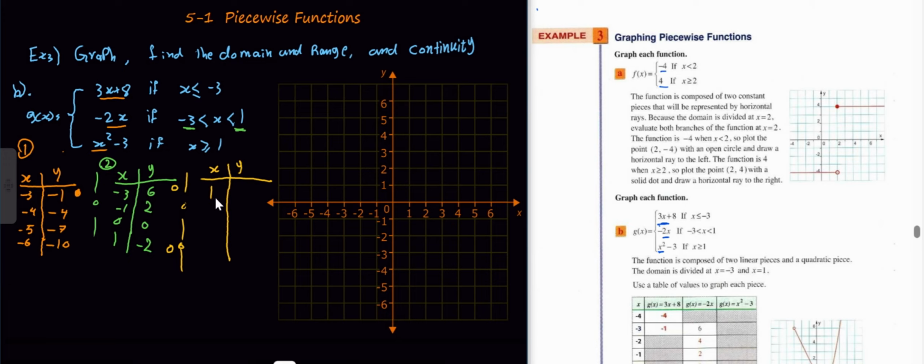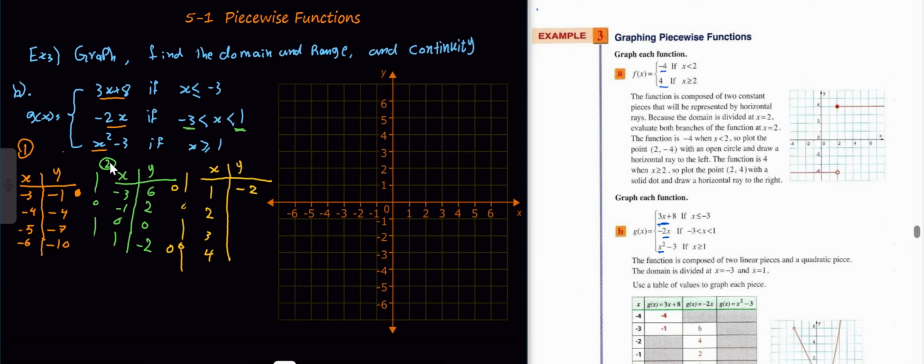Here we have 1, x is greater than or equal to 1. So it means we have 2, 3, 4. We cannot put the points randomly. We have to look at this interval, so we can start from 1 and then 2, 3, 4. It's up to you. When we put 1, it will be 1 minus 3, which is negative 2.